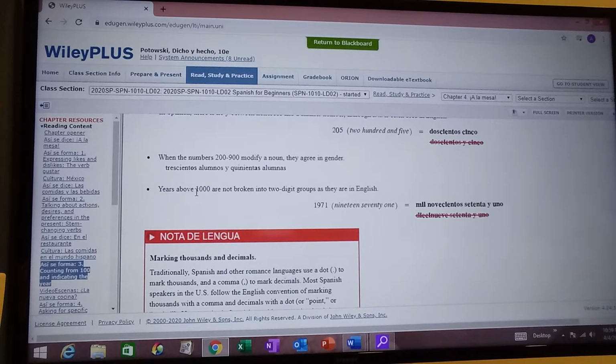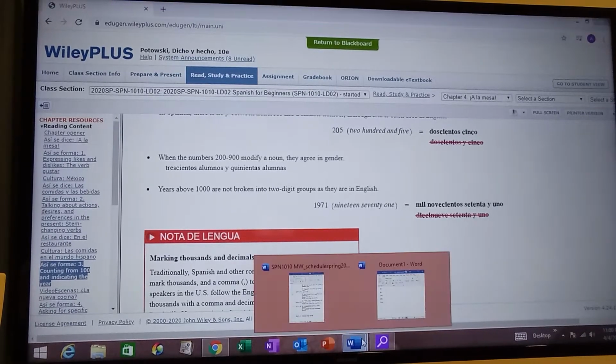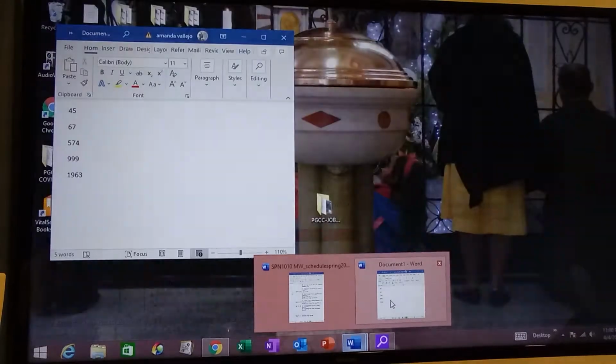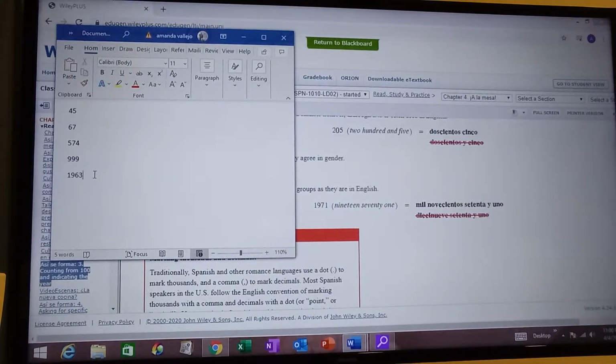Years above 1000 are not broken into two-digit groups as they are in English. So 1971, you do not say nineteen seventy-one. Do you remember when we do this about the day and the date?